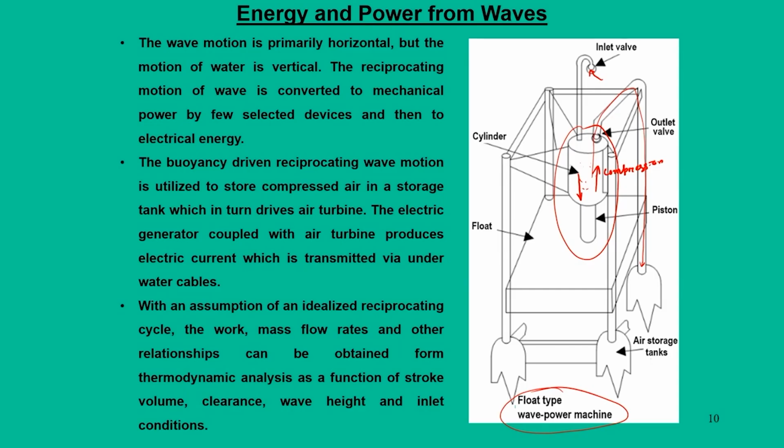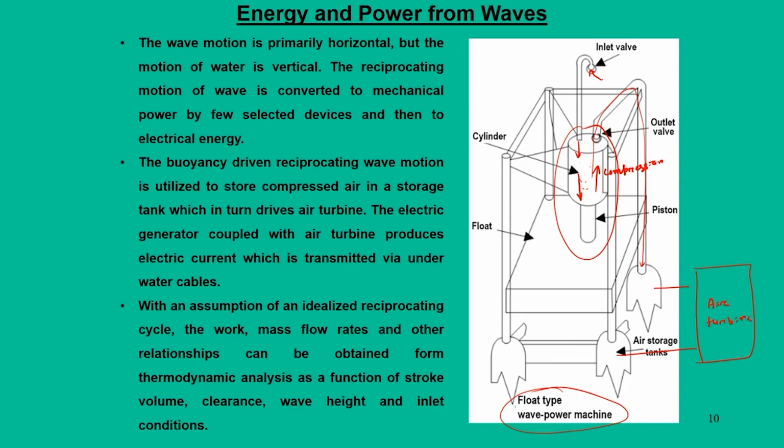During the crest part the piston sees compression, and in the trough part the piston sees expansion. When it is in expansion, atmospheric air enters the cylinder, and during compression the stored energy goes into the air storage tank, and finally this air storage tank is integrated with an air turbine.